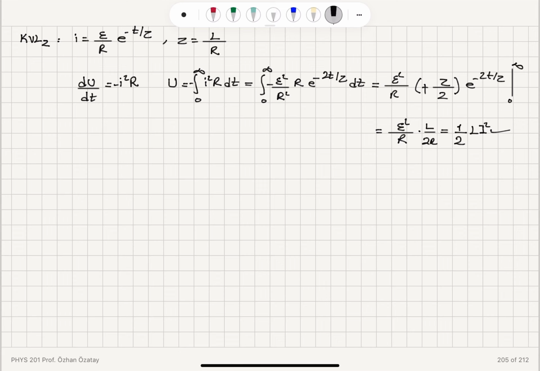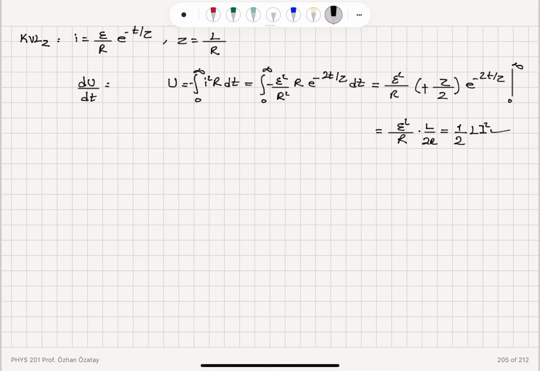So this is going to give us, by substituting this solution into the power expression, a power dissipated as epsilon square over R times L over 2R. Well, this actually is going to give a minus sign, evaluate that infinity is 0, so I take it back.